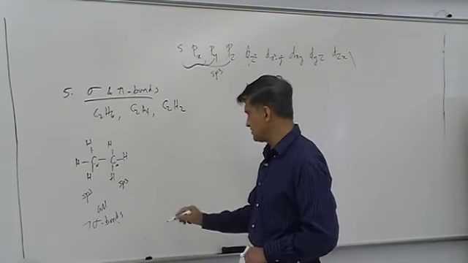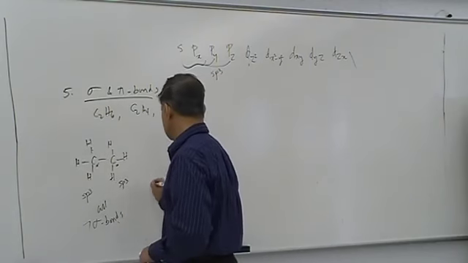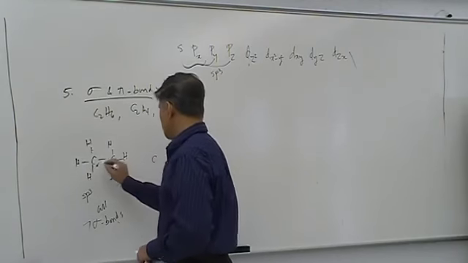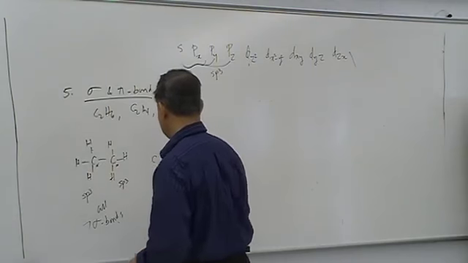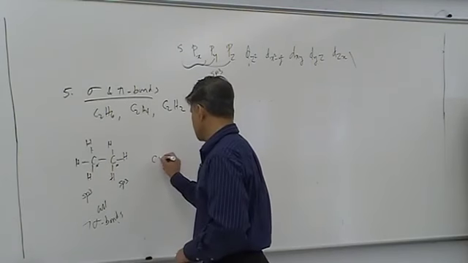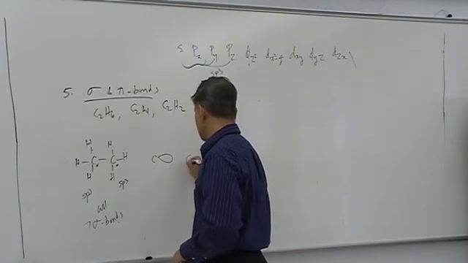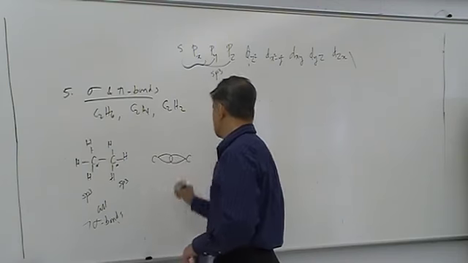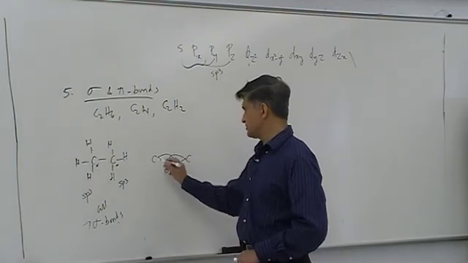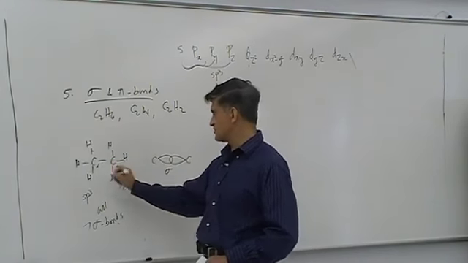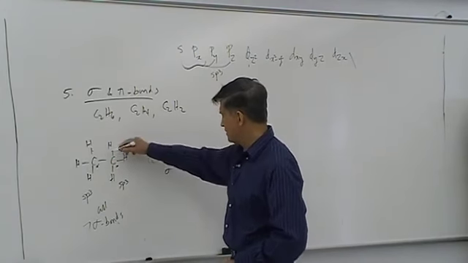I'm going to show you one of these between carbon and carbon so that you understand. Remember, each carbon has sp3 hybrid orbitals, so that means there are 4 hybrid orbitals. It's going to look like this, and the other carbon also would have something like this. So this is a sigma bond between the carbons. Similarly, there's a sigma bond with the hydrogens.